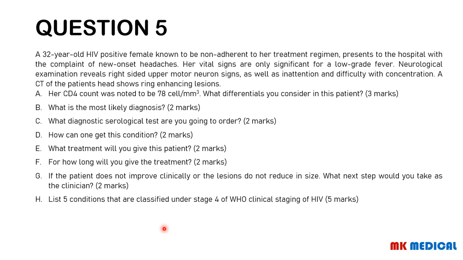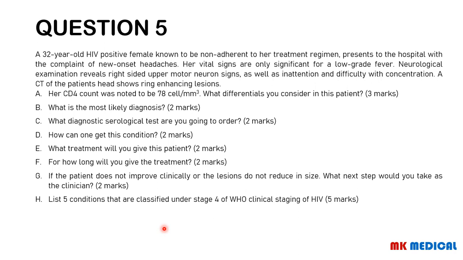Her vital signs are only significant for a low-grade fever. Neurological examination reveals right-sided upper motor neuron lesions as well as inattention and difficulty with concentration. A CT of the patient's head shows ring-enhancing lesions. Her CD4 count was noted to be 78 cells per cubic millimeter.